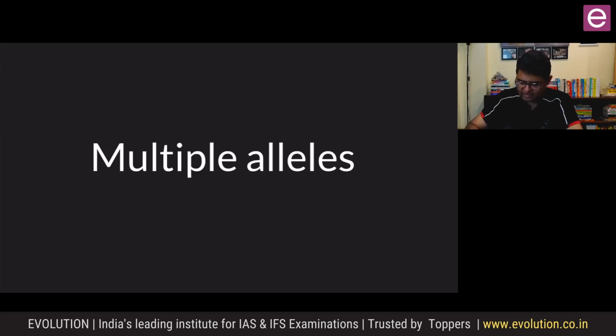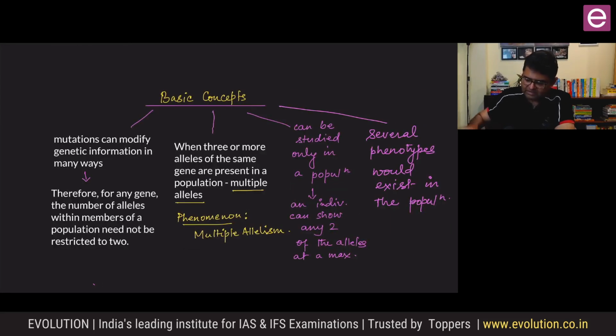In this one, we are going to primarily focus upon the human ABO blood grouping and Drosophila eye color. But let's first familiarize ourselves with the basic concepts here. So mutations can modify the genetic information in many ways, correct? And therefore, for any gene, the number of alleles within the members of a population is not restricted to 2.